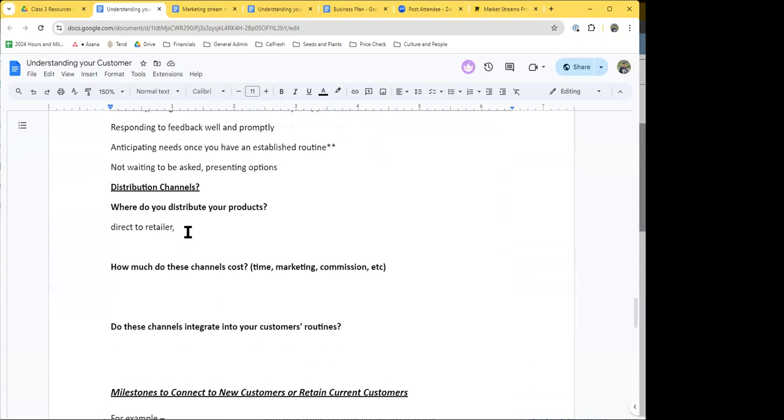But essentially you're going to be going direct to retailer in your own delivery vehicle. Maybe you partner with a neighbor farm. This is really going to be your time and fuel costs.